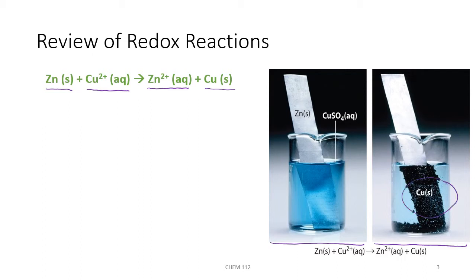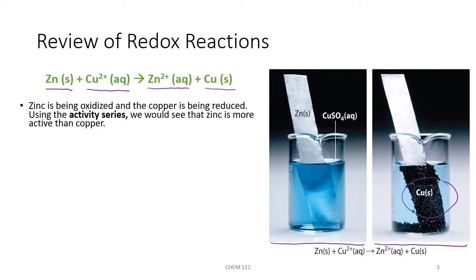And so this is a redox reaction. One species is being reduced, the other species is being oxidized. And in this case, it's happening in the same container. This reaction is occurring together in the beaker. So we used something previously called the activity series. You might recall that. It allowed us to see who was more active, or who was more likely to become oxidized versus another element, usually another metal.